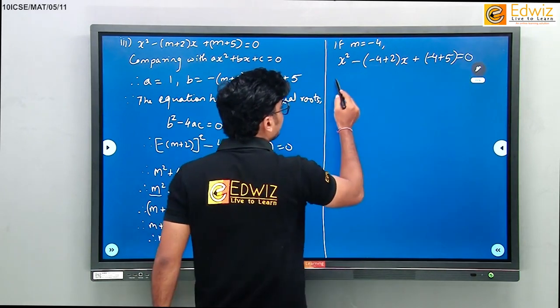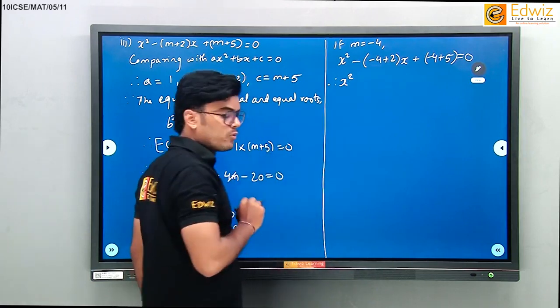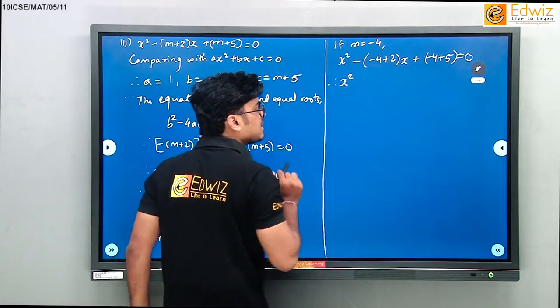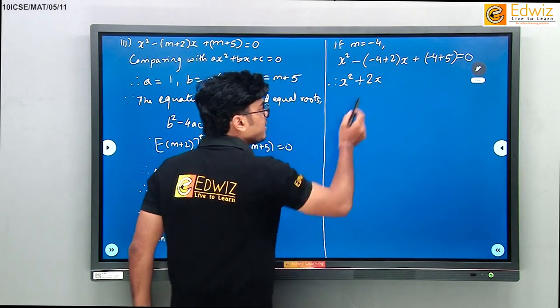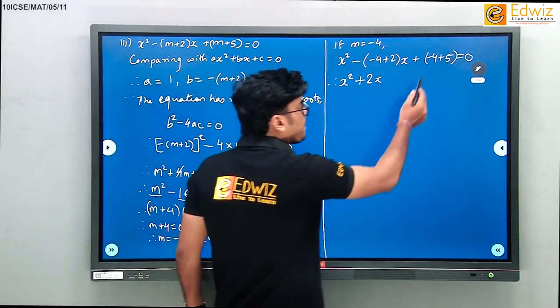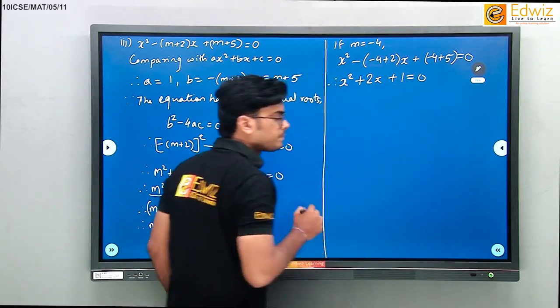We simplify this equation. x square, minus 4 plus 2 will become minus 2, and minus 2 along with this minus sign both will become plus 2x. Okay, when we solve this entire thing it will become positive 2x, and here minus 4 plus 5 is positive 1 equal to 0.